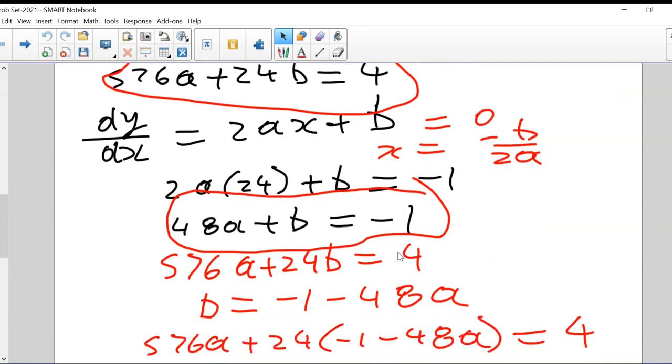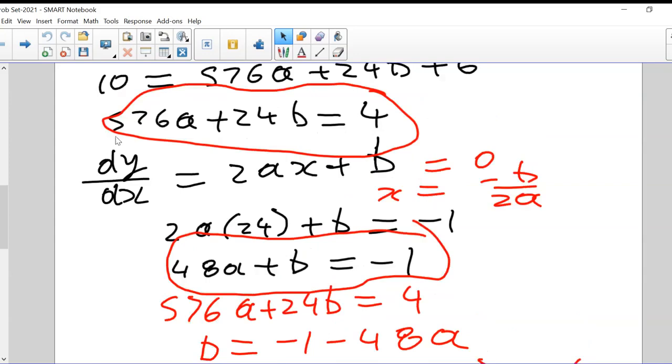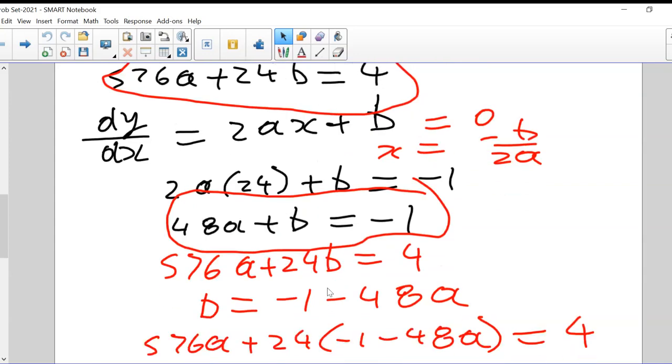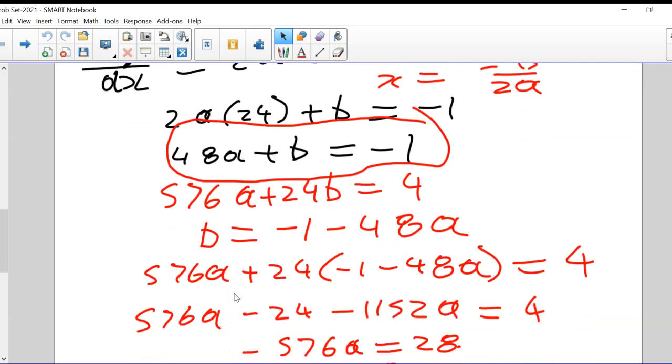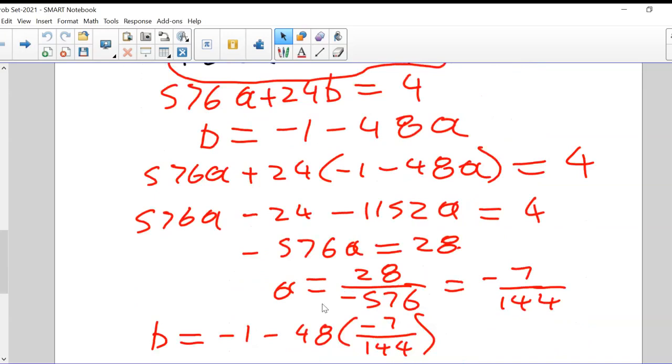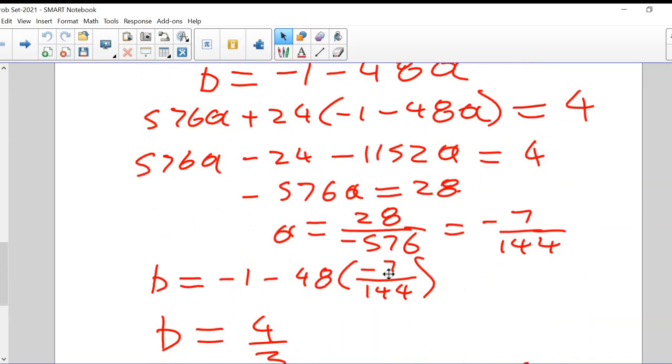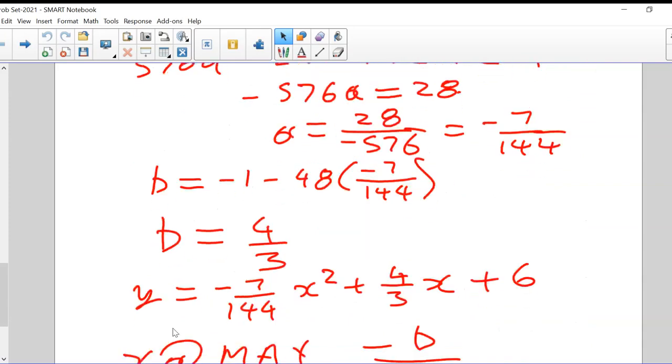All we did at that point is simply solve a linear system. We have 48a plus b is equal to minus 1, and 576a plus 24b is equal to 4. We just had to do a substitution, which I did here. You can follow the steps of the substitution. That worked out that a was equal to minus 7 over 144. Then, of course, we worked out the b, and this represents the equation of the parabola.